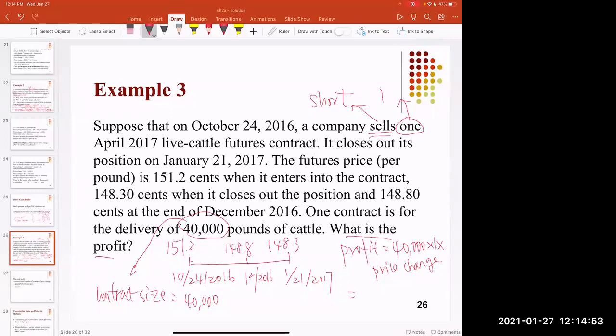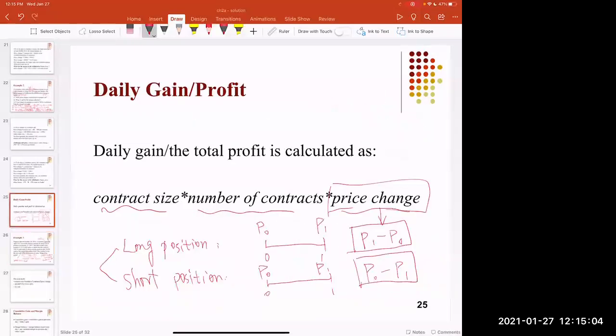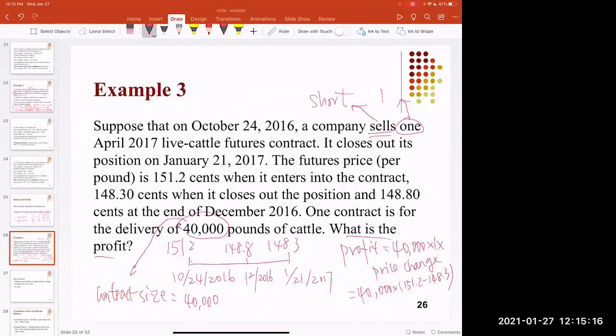How to calculate? Can you tell me the numbers you use? I did 151.2 subtract 148.3. Yes, good, excellent. This is what we talked about for the short position case, right? If it's a short position, we should do P0 minus P1, which is the price you sell at the beginning minus the price you purchase. So 151.2 is the price you sell, and 148.3 is the price you purchase. So the difference, can you calculate the number?